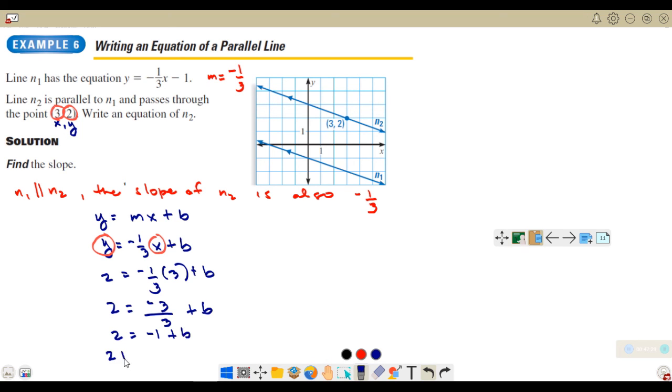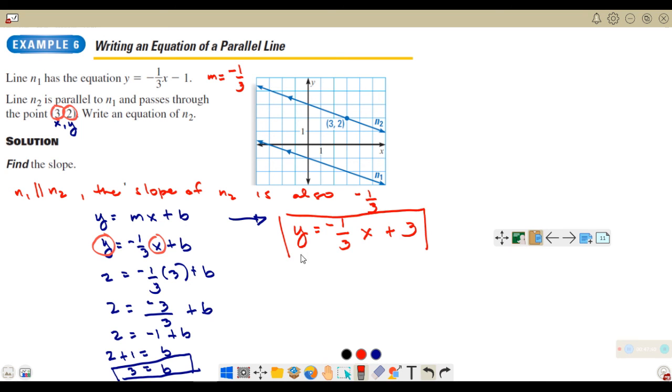We have 2 plus 1 is equal to b, so 3 is equal to b. Now that we already know the value of b, substitute na natin siya dito. We have y is equal to negative 1/3 x plus 3. This is the equation of the line parallel to n sub 1 with the equation y is equal to negative 1/3 x minus 1. Okay?